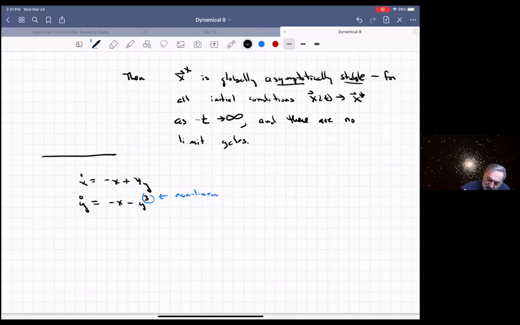Obviously x, y equals 0, 0 is a fixed point. So the origin is a fixed point. If I stick in both x equals 0 and y equals 0, I have both x dot is 0 and y dot is 0, so that's a fixed point. Good?